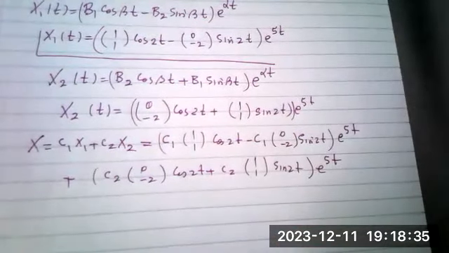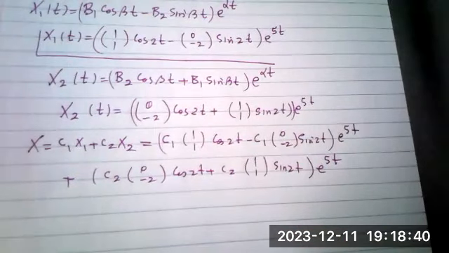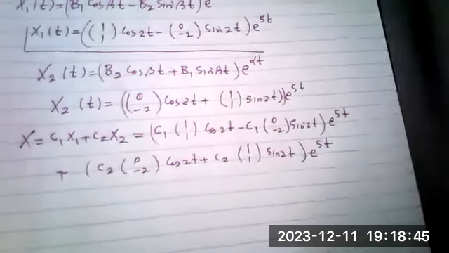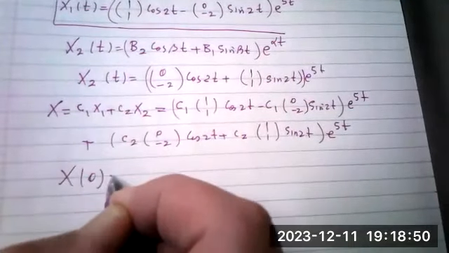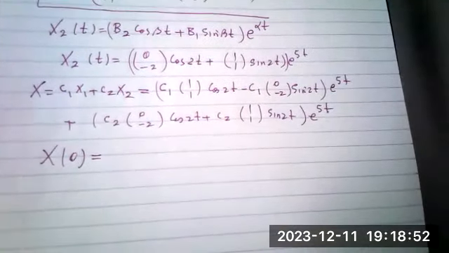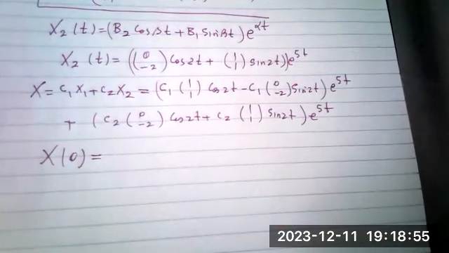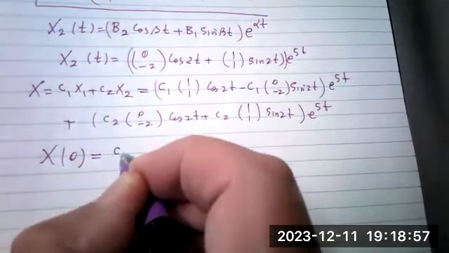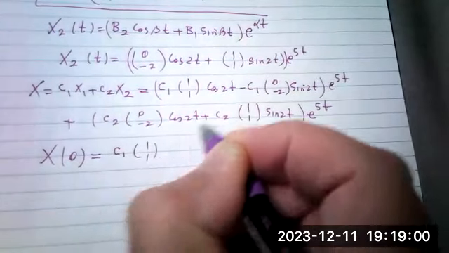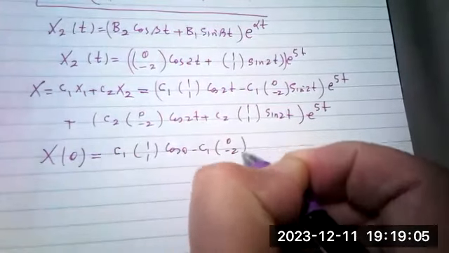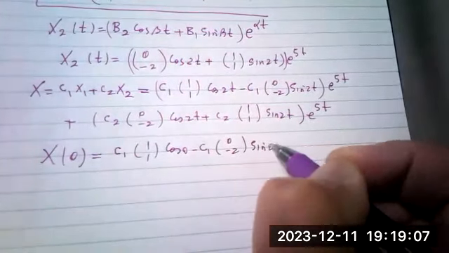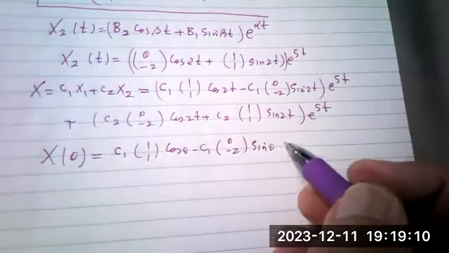So you can impose that initial condition over here right away, or you can take them out and do it. It would be easier to just substitute here. So find x of 0. You replace the t by 0. So x of 0 gives you C1 (1, 1) cosine of 0 minus C1 (0, -2) sine of 0, and e to the 5t is just 1.